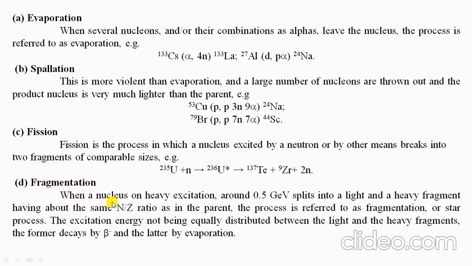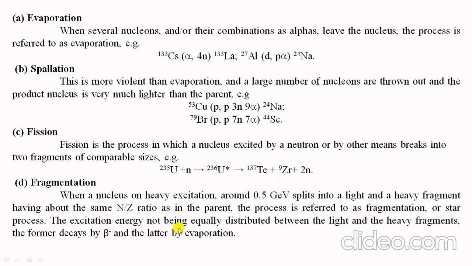The fourth type of special nuclear reaction is fragmentation. In fragmentation, when a nucleus undergoes heavy excitation, around 0.5 giga electron volt of projectile energy, it splits into light and heavy fragments having about the same N by Z ratio as the parent, and the process is referred to as fragmentation, or star process.